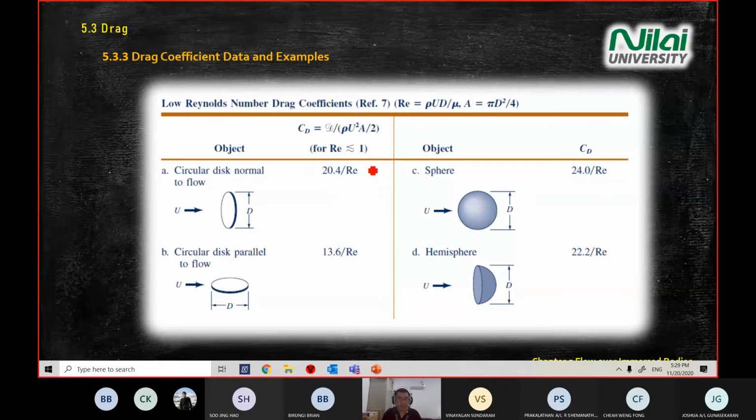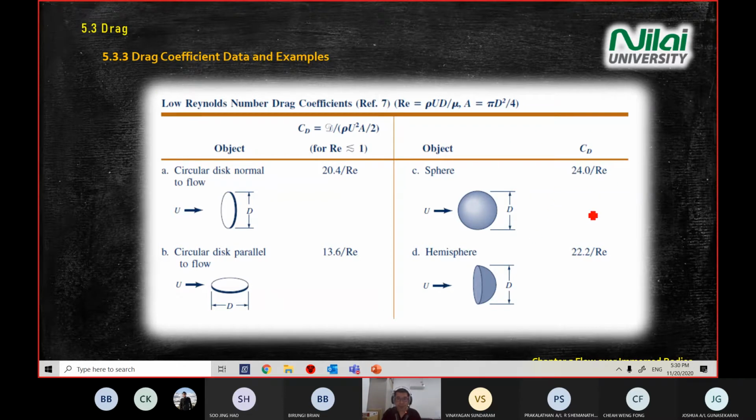For the cylindrical flow, the Reynolds number relation is given by this equation: 20.4 divided by Reynolds number for this setting, 13.6 divided by Reynolds number for this setting. This is the CD value, the drag coefficient for low Reynolds number.